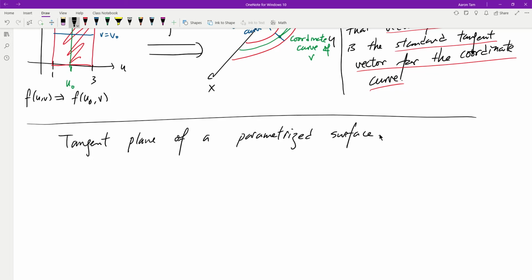So recall the following. In here, when I say tangent plane, I want to specify that we actually refer to a tangent two-plane. Okay.